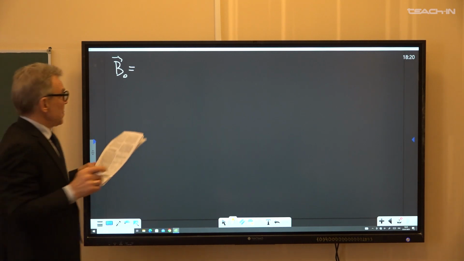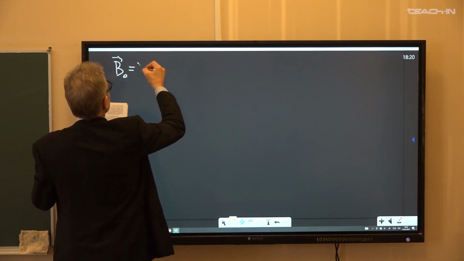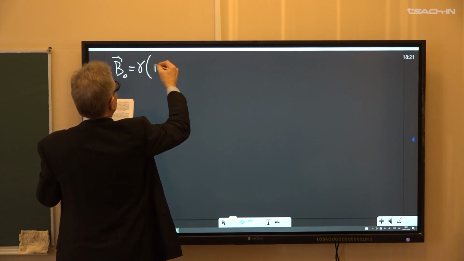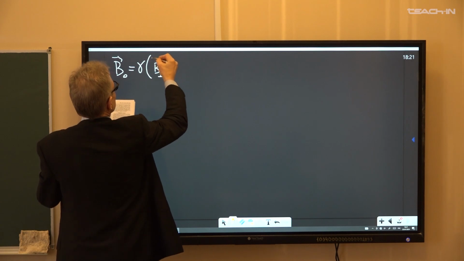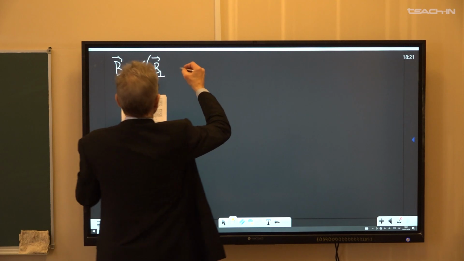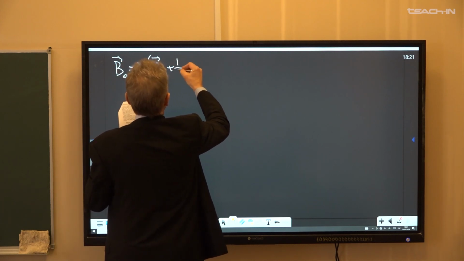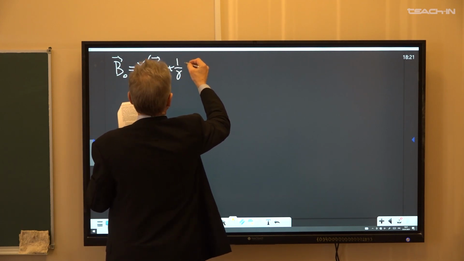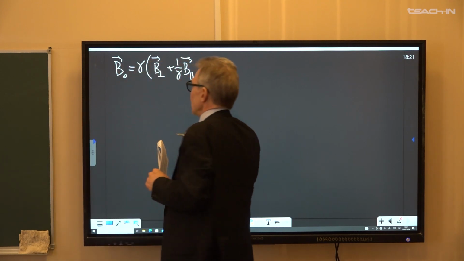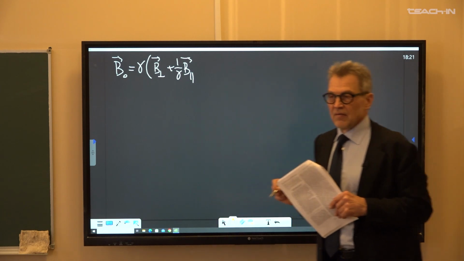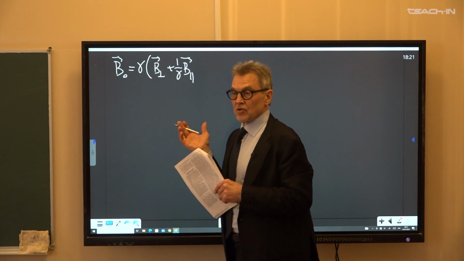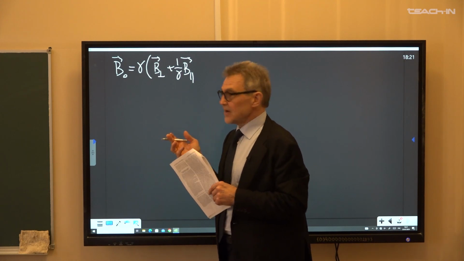Yeah? This is gamma. This is the transversal magnetic field in the laboratory frame, plus 1 over gamma, suppressed for relativistic neutrinos, the longitudinal part of the field given in the laboratory frame, and plus also a contribution from the electric field. Yeah?